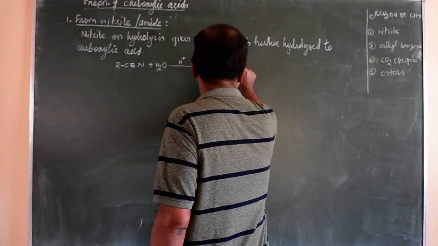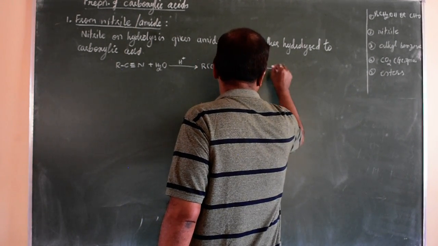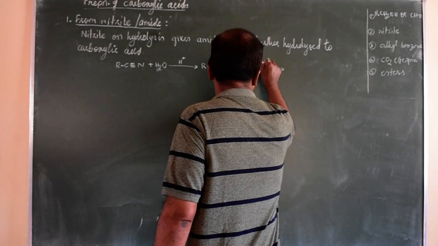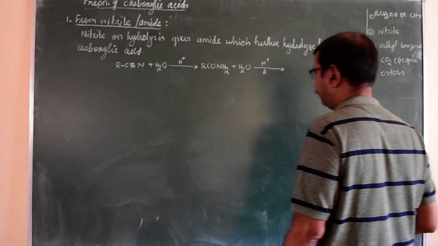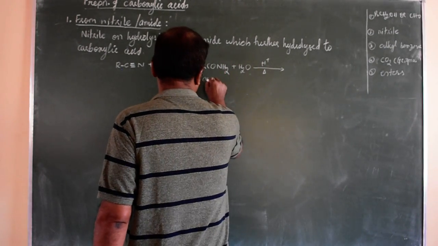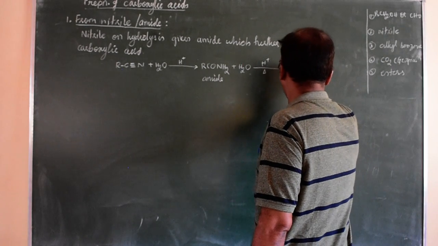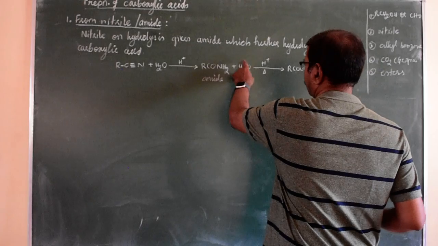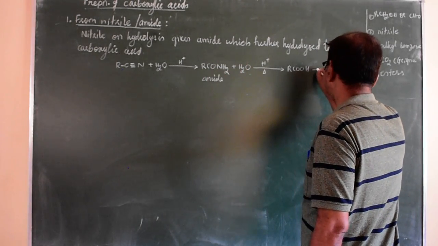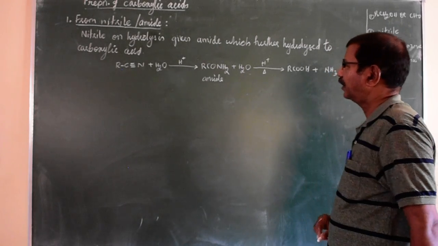This RCONH2 further undergoes hydrolysis in acid medium. Usually you have to heat this amide. The product formed is RCOOH plus NH3, or NH4+.